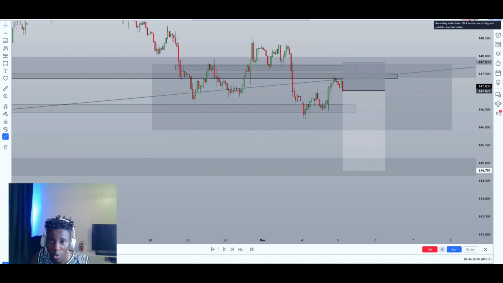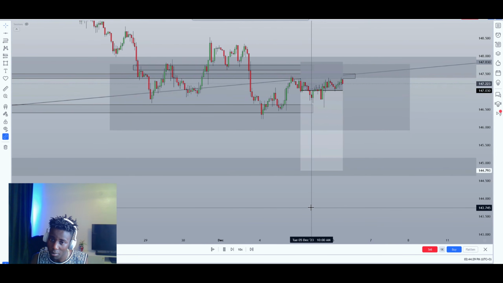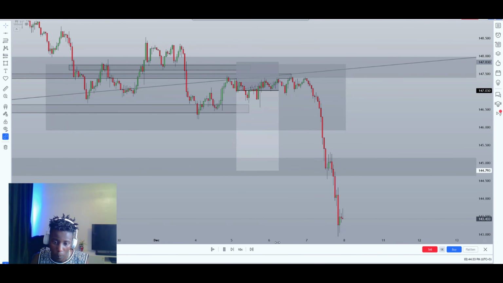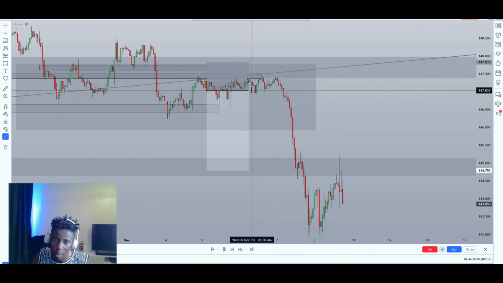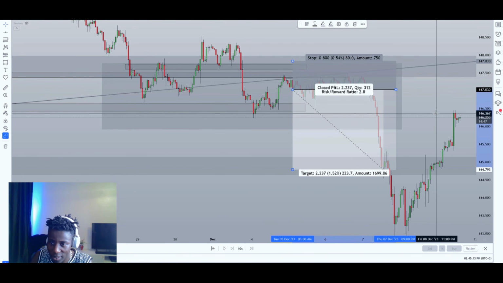It's better to give your trade a nice room for the SL rather than getting stopped out 15, 20 times. Then you're going to see what happens. Boom. We hit the take profit.